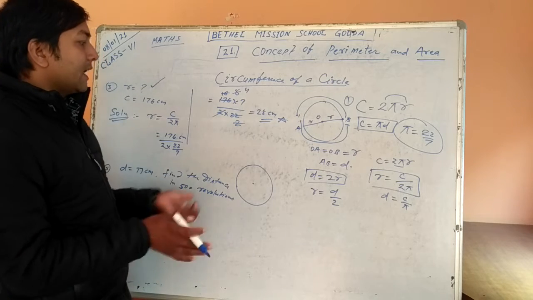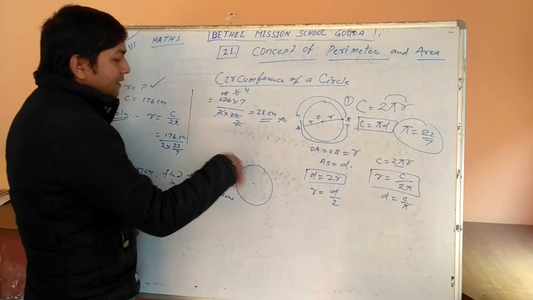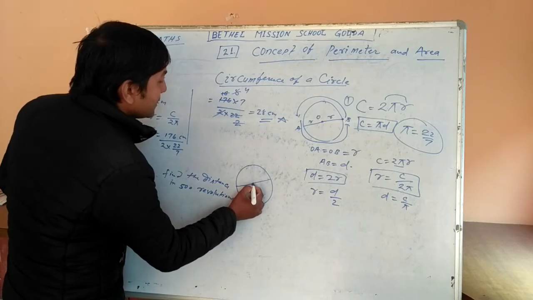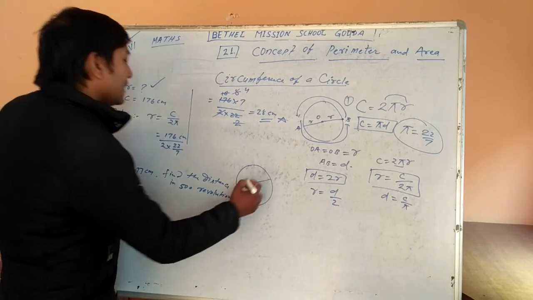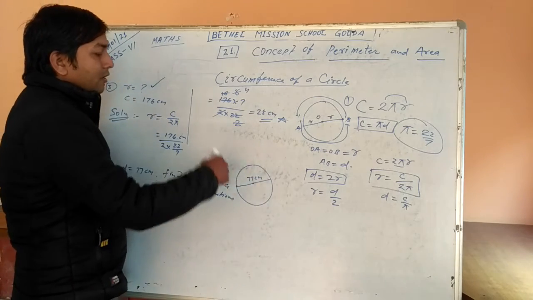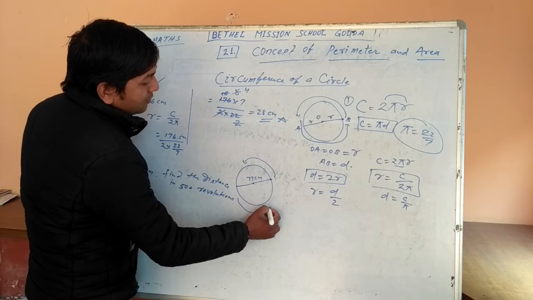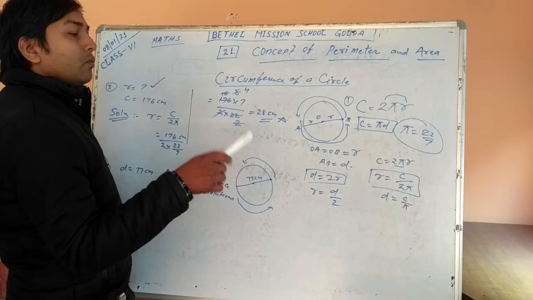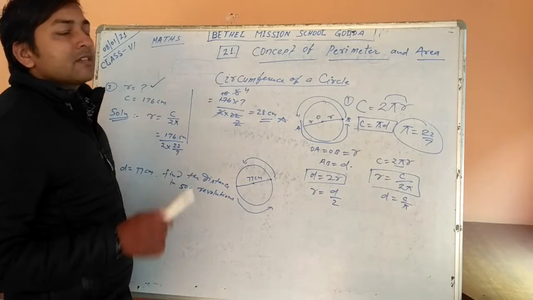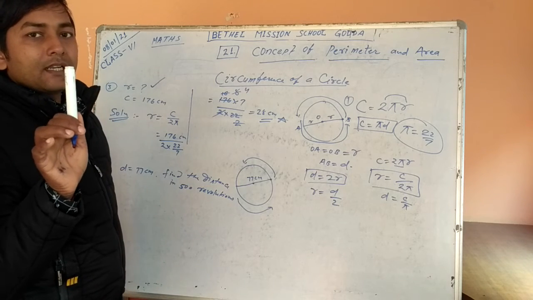Okay, now next question, fifth number question, I have taken that there is a wheel, and the diameter of a wheel is 77 centimeter. 77 centimeter is the diameter of the wheel. Okay, and the wheel moves. When the wheel moves one time, it is the circumference of the circle.